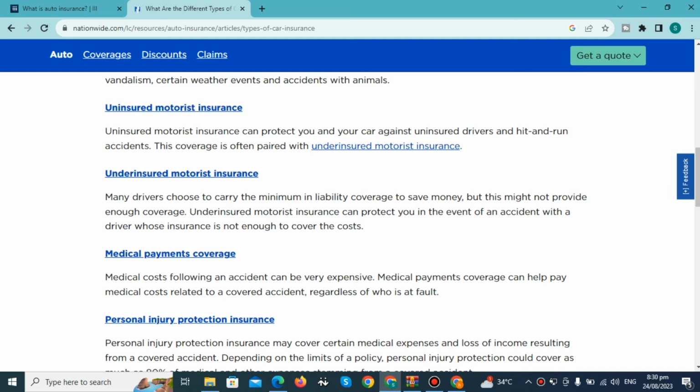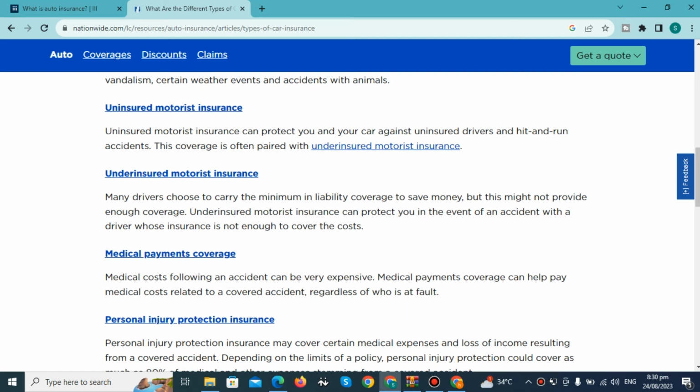Many drivers choose to carry the minimums in liability coverage to save money, but this might not provide enough coverage. Underinsured motorist insurance can protect you in the event of an accident with a driver whose insurance is not enough to cover the cost.